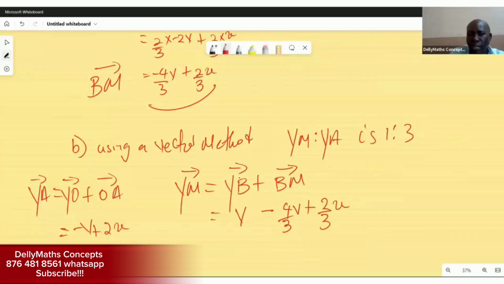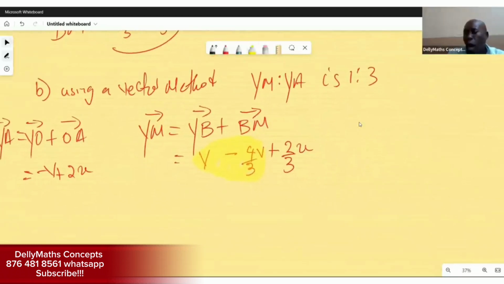Now, when you put this together, these are the like terms right there. So what we want to do is to work this out. Let's think about what negative 4/3 means. It means negative 1 1/3.